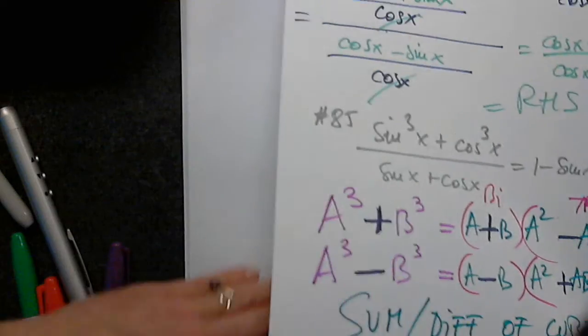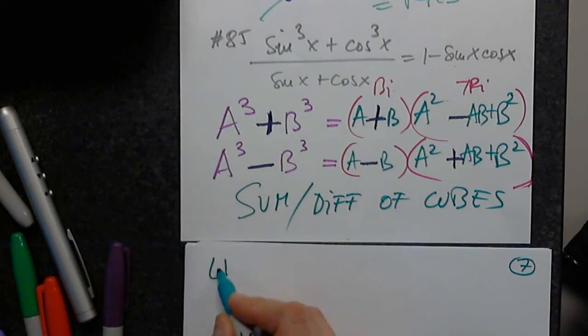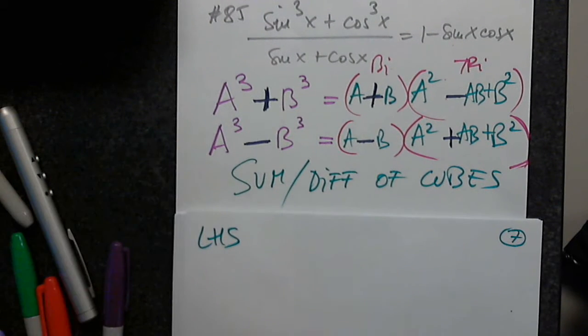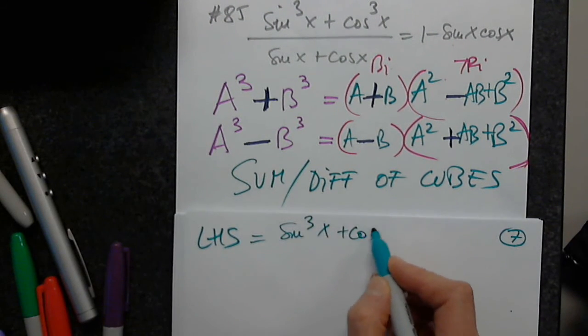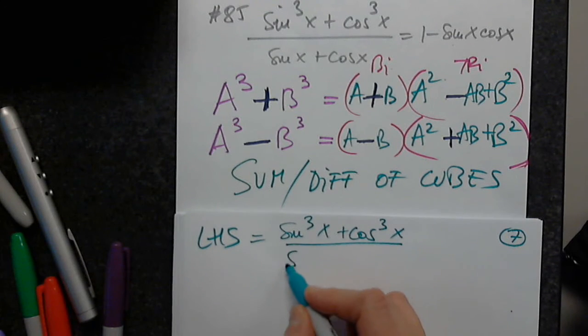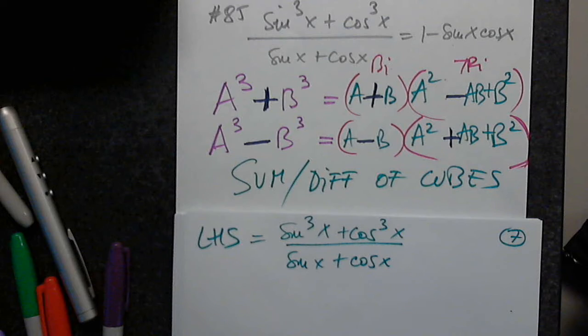So now I'm going to ask again, which side are we going to start? Of course. So the left-hand side equals sine cubed x plus cosine cubed x over sine x plus cosine x. I want to add something here that you may want to remember about these two formulas or special products.